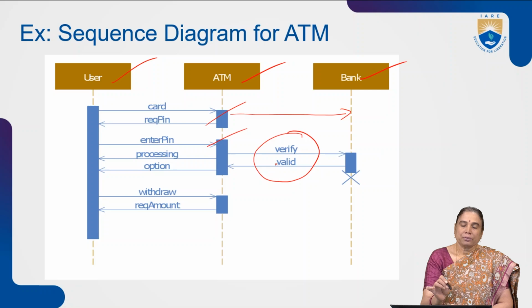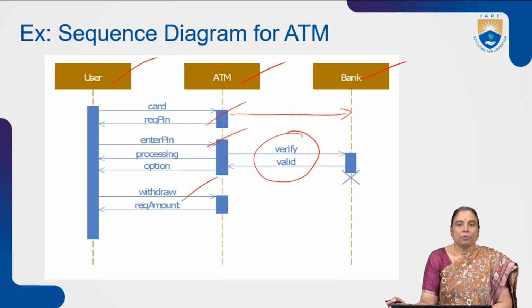And after the customer is verified, the withdrawal action must take place. So along with the object lifeline, how the events or sequence of activities are carried out in order to perform one transaction of withdrawal of money from the ATM is modeled easily with the sequence diagram.